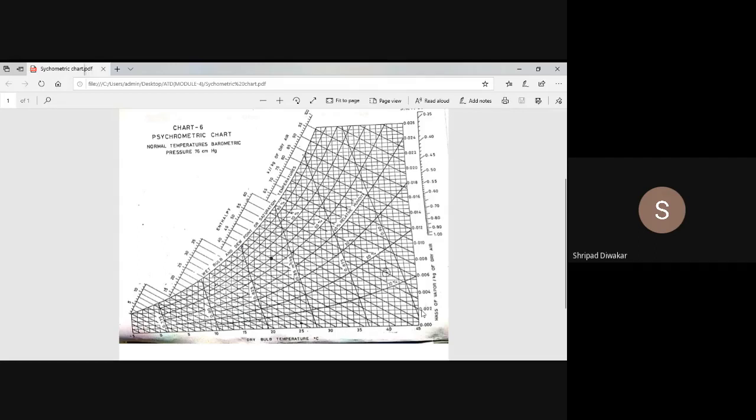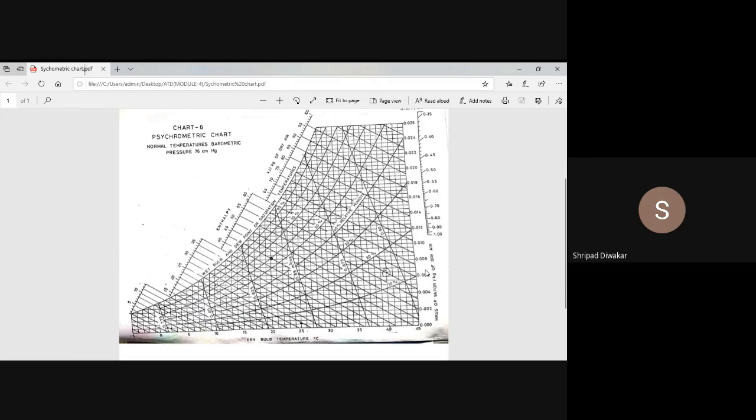Specific humidity is represented by horizontal lines. Remember, the first and most important one is the dry bulb temperature lines, all vertical. Next you have the specific humidity lines. You can see where I'm moving the cursor. These horizontal lines from right to left represent the specific humidity lines. The values vary from 0.002 to 0.004, 0.006, and the unit of specific humidity is kg per kg dry air.